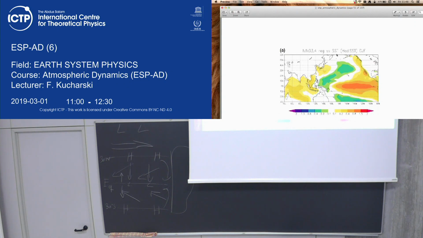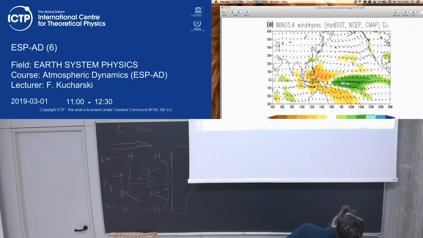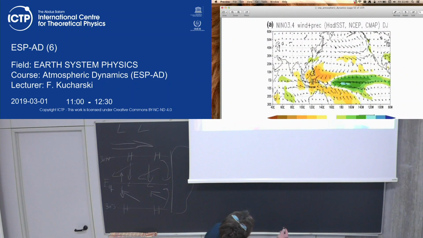But okay. We see that we cause a low pressure here in the North Pacific. This is a low pressure, and the low pressure enhances the westerly winds. So the wind speed, if you calculate the wind speed in ENSO years, will become larger.